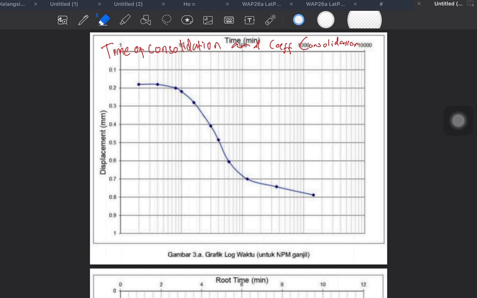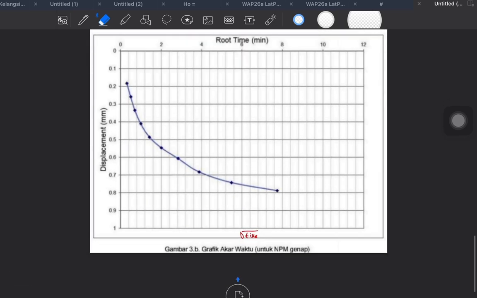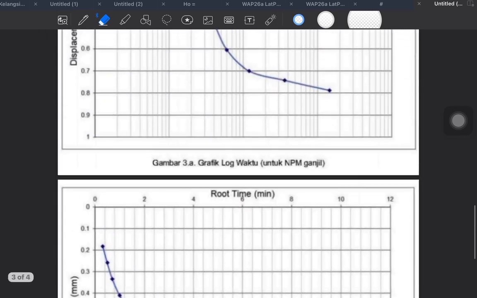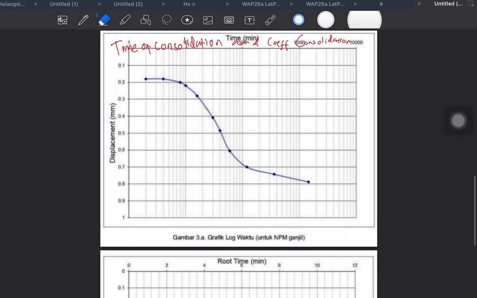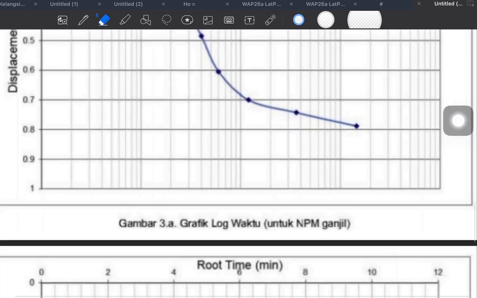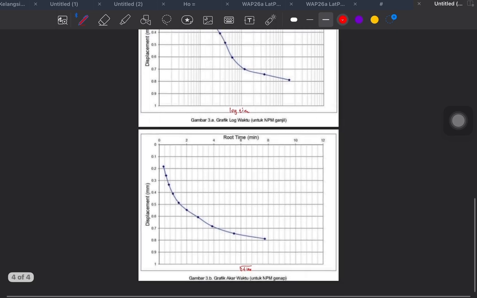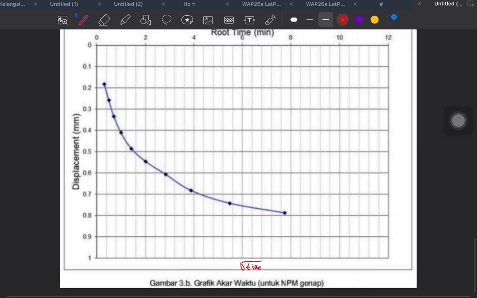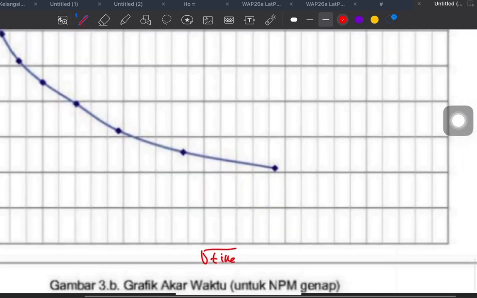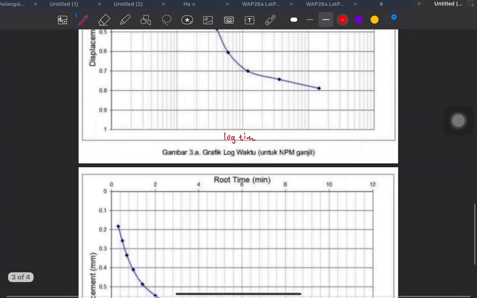The first is the Casagrande method, and the second one is the Taylor method. What are the differences between those methods? The Casagrande method uses log time as the x-axis, and the Taylor method uses root time for the x-axis.